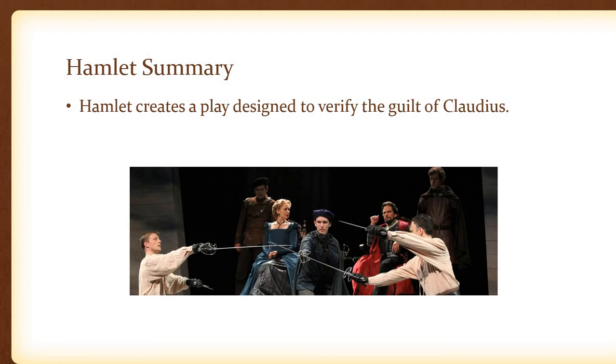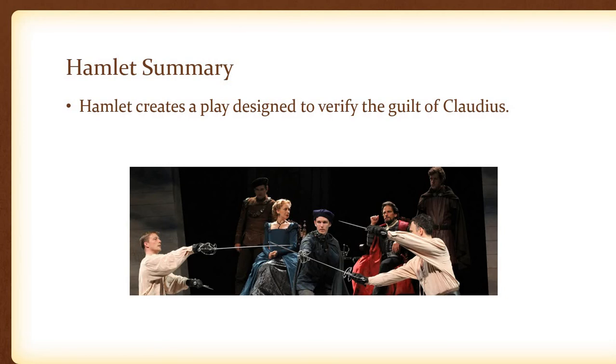Now, Hamlet is not 100% sure that what the ghost said is factual, and so what he does is he would like to design a play in which the play has a king and has someone that poisons the king with ear poison, and he wants this play to be seen by Claudius.